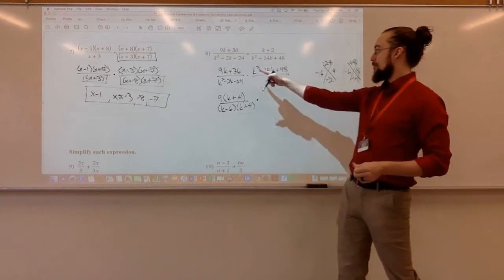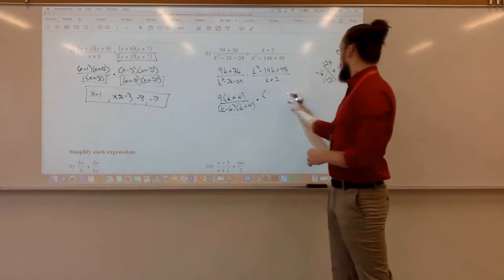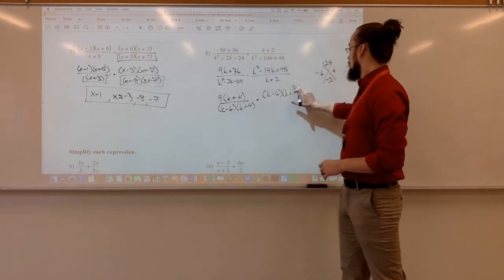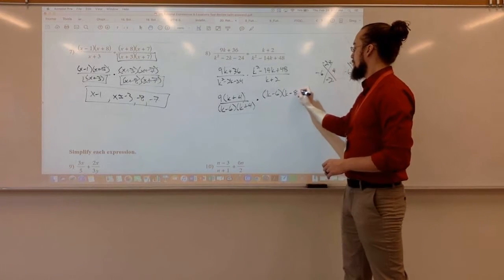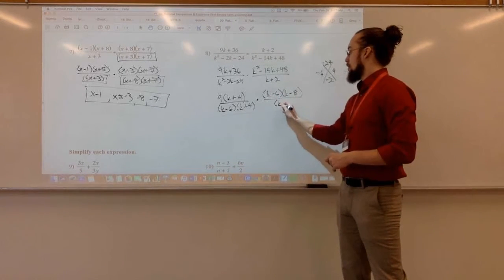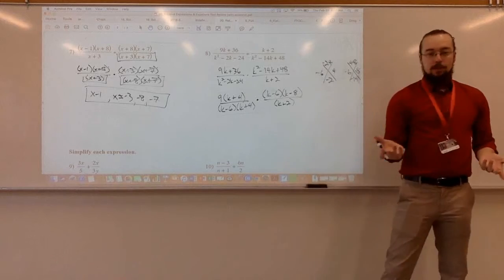And again, my leading coefficient is 1, so these factors are just k minus 6 and k minus 8. And then there's nothing I can do with k plus 2. Now I have everything factored.